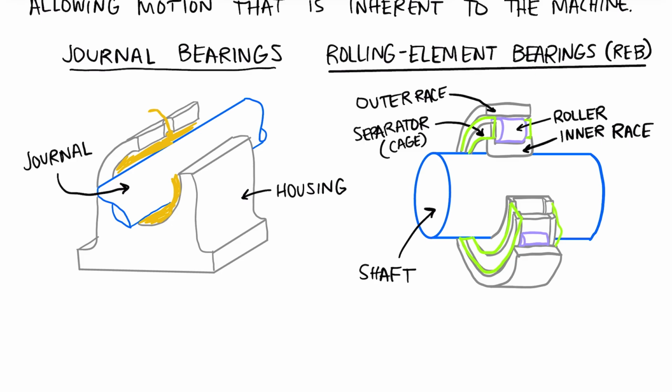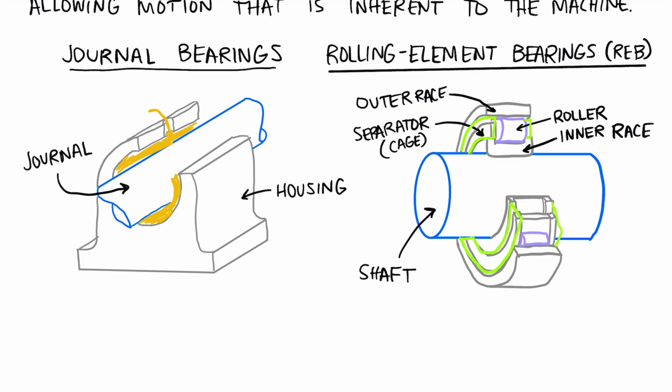If you've ever pulled apart a bearing, you would have seen that these rolling element bearings are absolutely stuffed full with lubricant, right? And the advantage to a rolling element bearing is often you don't need to change out that lubricant. It just comes pre-installed inside the rolling element bearing.